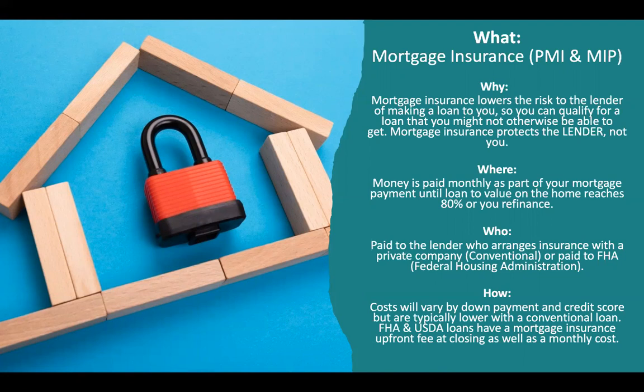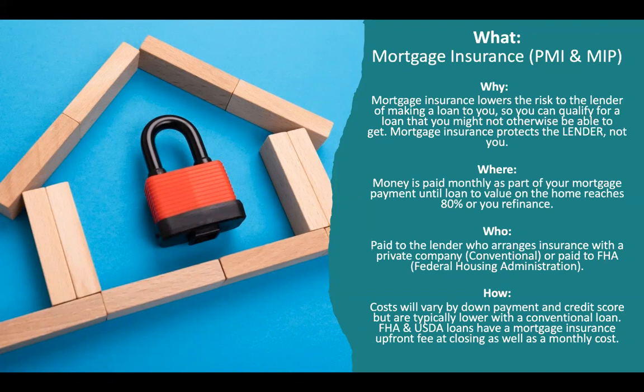The reason why mortgage insurance is required is that it lowers the risk to the lender. There are a lot of things that factor into how much your mortgage insurance is going to be.